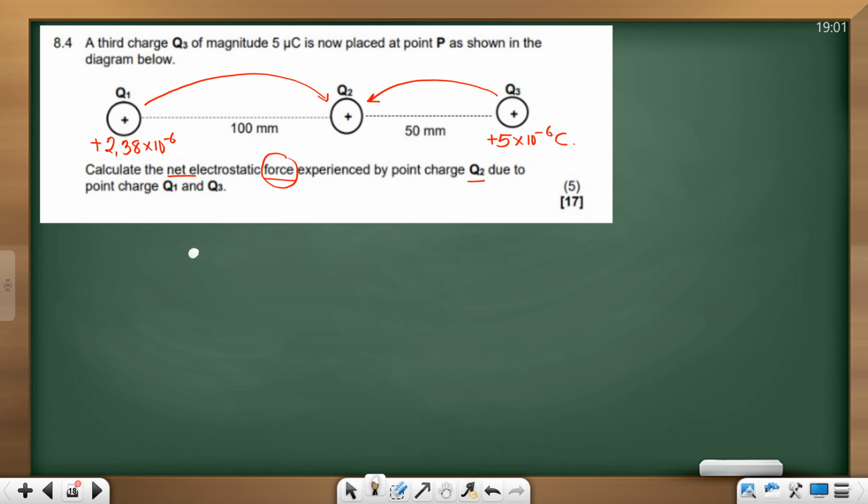But our focus is on Q2. Q1 and Q2 will repel, pushed this way. I'll call it F1. Q3 on Q2, it will be repelled this way. I'll call it F3.